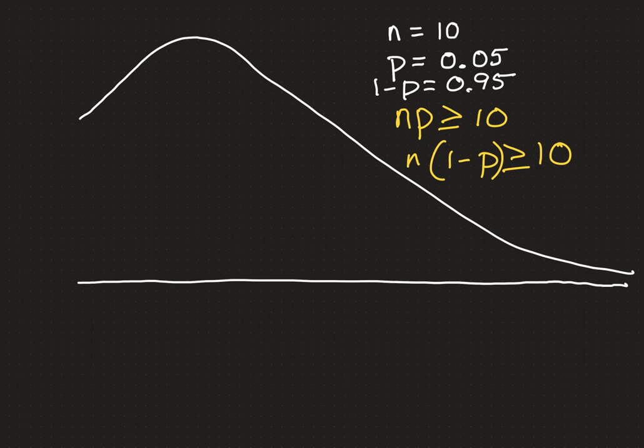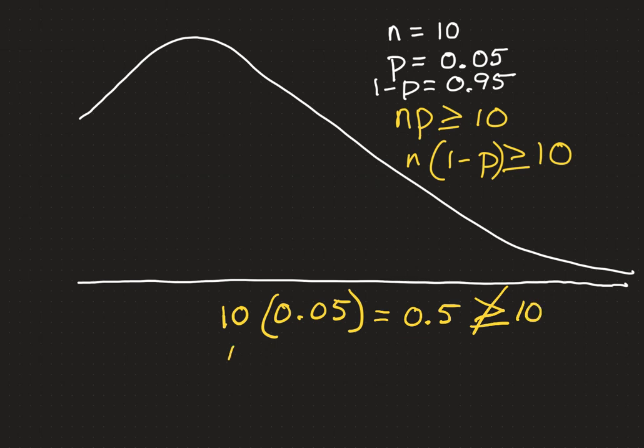So let's see what each of those comes out to be. 10 is n, and p is 0.05. And that equals 0.5, which is not greater than or equal to 10. Let's just check the other one just to see what happens. 10 times 0.95 gives 9.5, and that also is not greater than or equal to 10.